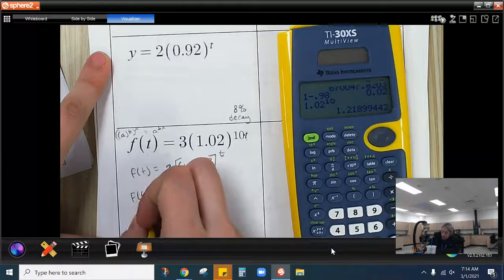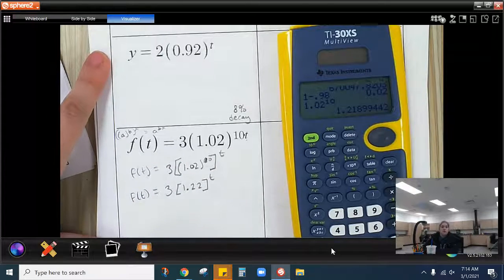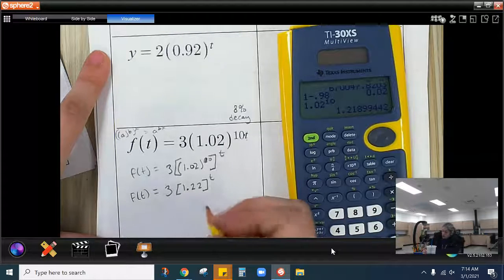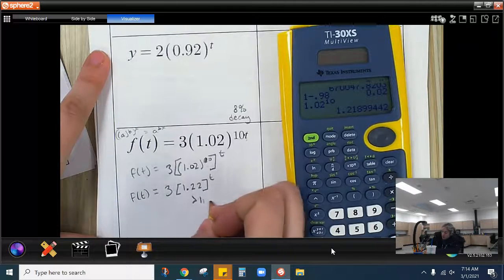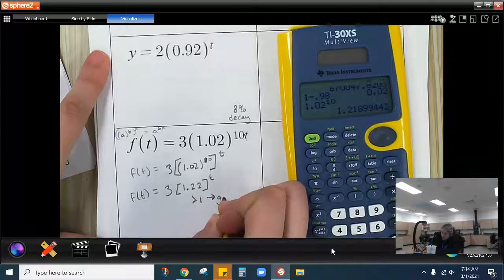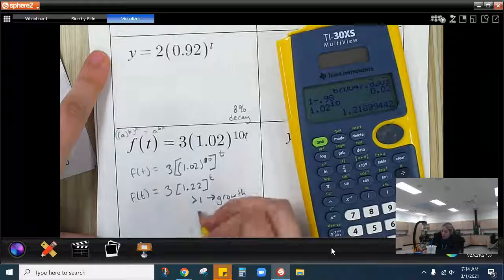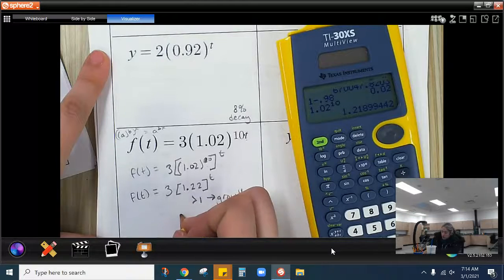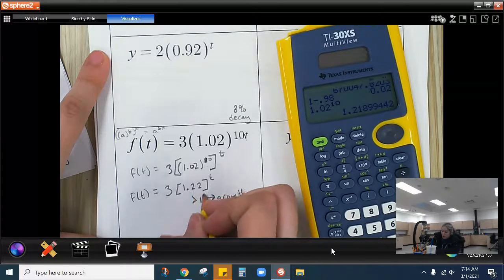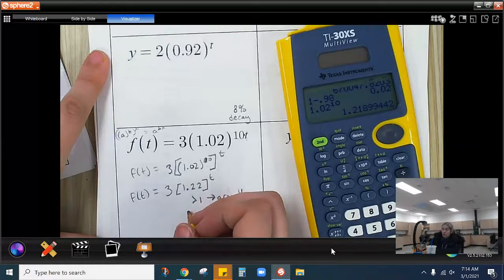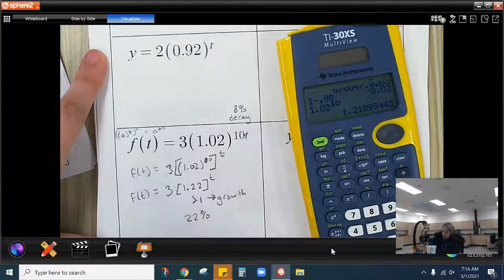You do that especially in science, right? You look at the significant figures, and that's how you round. So then I can see that this is greater than 1. That means it is a growth factor. And I need to ask myself by how much? Well, if I do 1.22 minus 1, you get 0.22, or 22% growth.